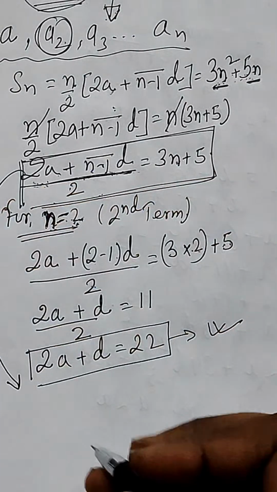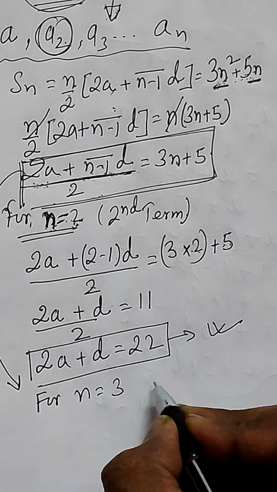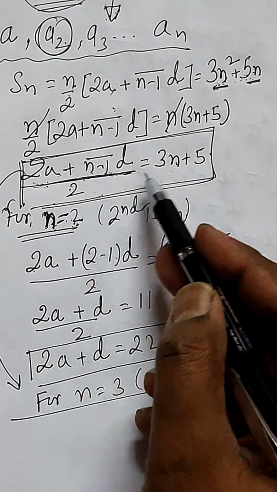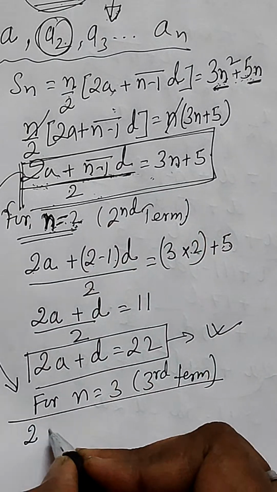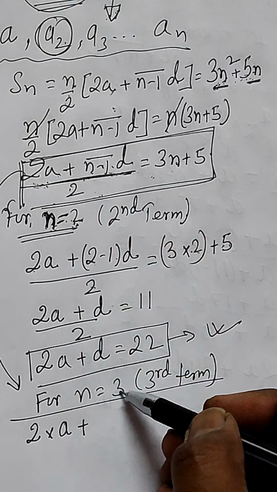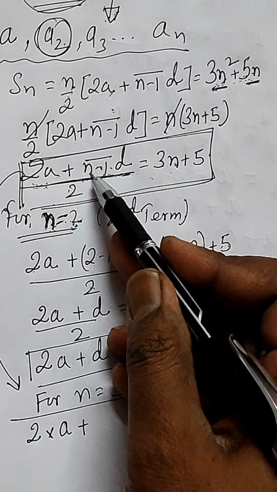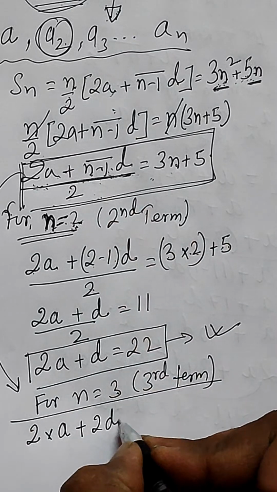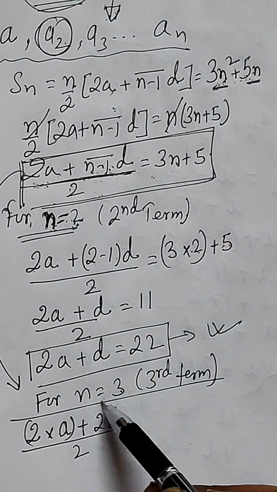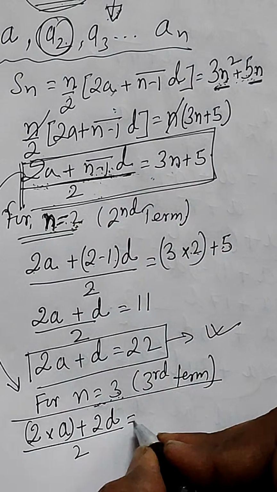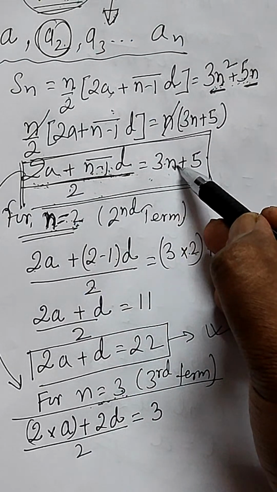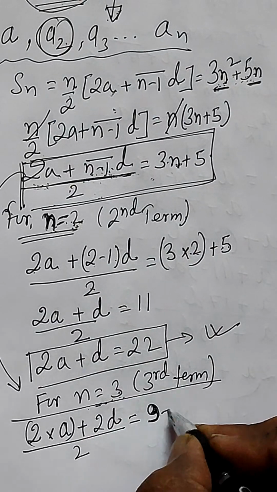For n equal to 3, that is the third term of this AP, the equation will look like 2a plus 3 minus 1, which is 2, so 2a plus 2d in the numerator divided by 2, equal to 3 into 3, 9, plus 5.